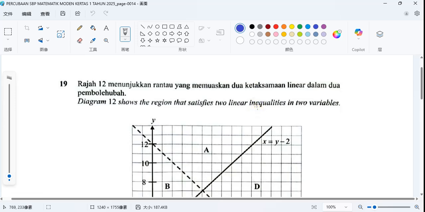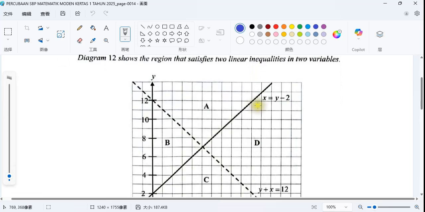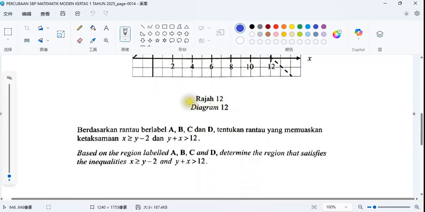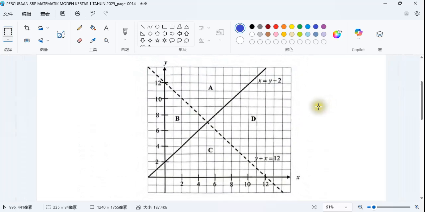Question number 19. Diagram 12 shows the region that satisfies two linear inequalities in two variables. So based on the inequality, determine the region that satisfies these two inequalities.